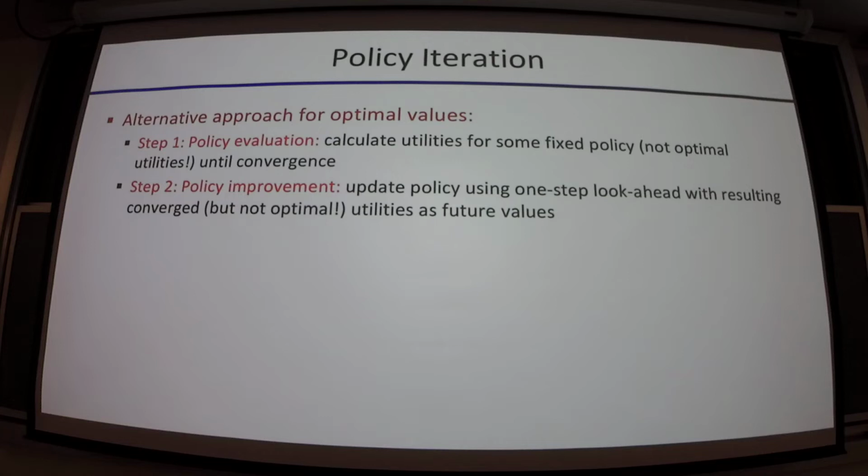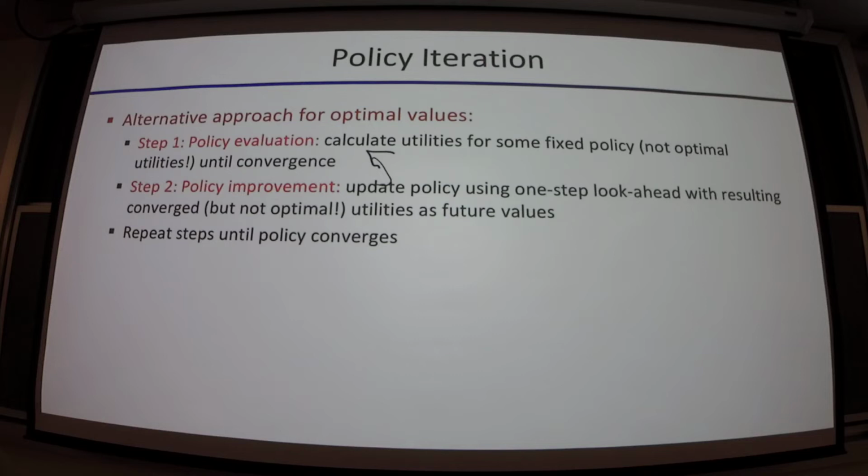And then we improve the policy. So we update our policy using a one-step look ahead, similar to the look aheads we were doing in the value iteration computation. We're using, however, this evaluation we computed in step one and updating our policy. So we improve our policy using a one-step look ahead given the values we computed in step one, right? And we do it again, and again, and again.